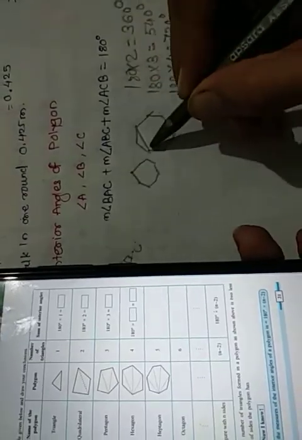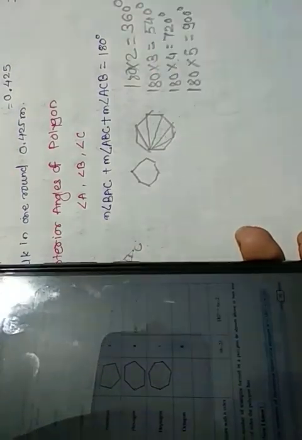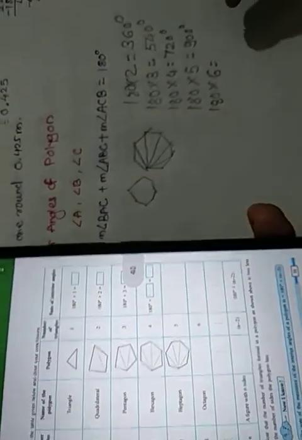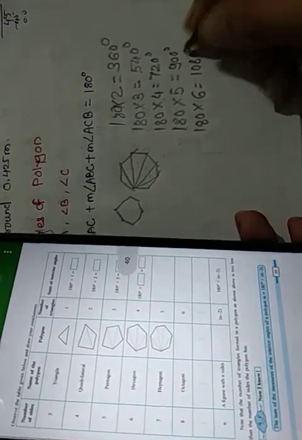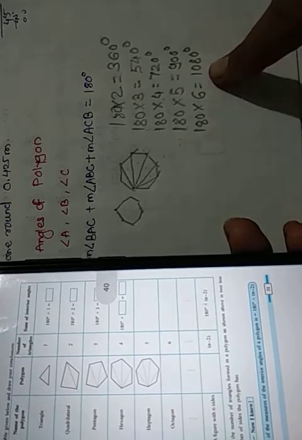Look here: 1, 2, 3, 4, 5 and 6. In the octagon 6 triangles are made. So the sum of interior angles is 180 multiplied by 6, that is 1080 degrees. The sum of the angles of an octagon is 1080 degrees.